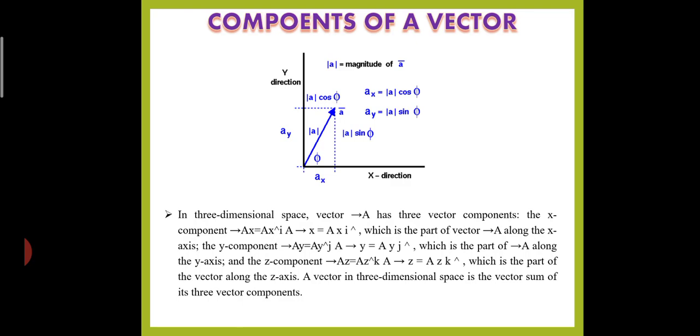The y component, A sub y, is equal to ay into j, which is the part of A along the y axis, and the z component likewise is the part of the vector along the z axis. A vector in 3-dimensional space is a vector sum of its three vector components. These vectors are usually described in terms of their components in a coordinate system.